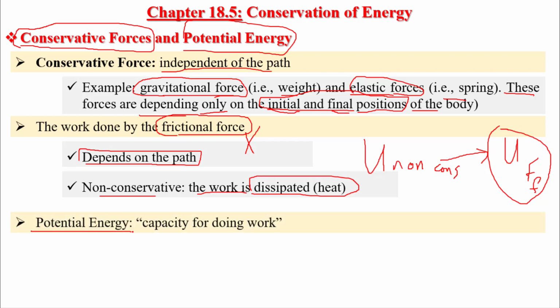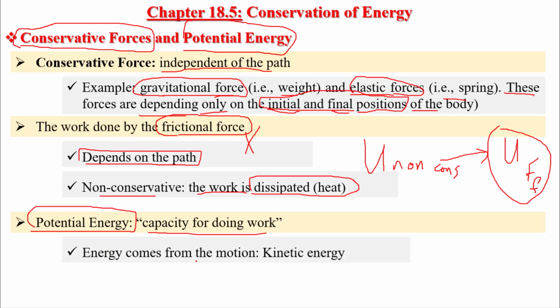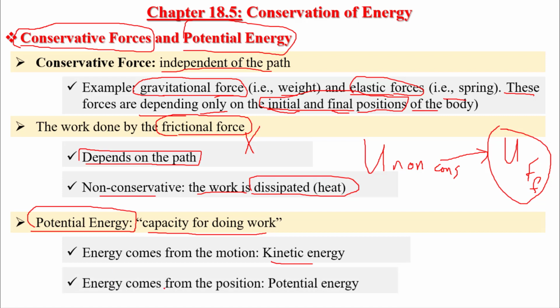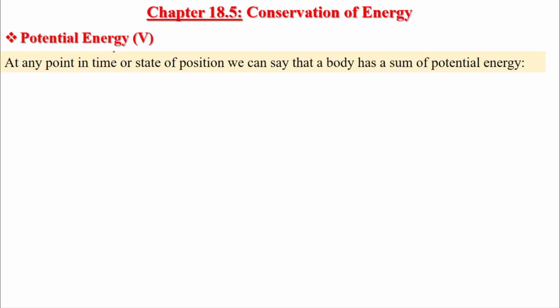Whenever we say energy or potential energy, it means the ability to do work, or the capacity to do work. Energy comes in the form of kinetic, or it may come in the form of potential. Kinetic, we saw before, and we give it the symbol T. Potential energy we give the symbol V. At any point in time or state of position, we can say that the body has some potential energy.